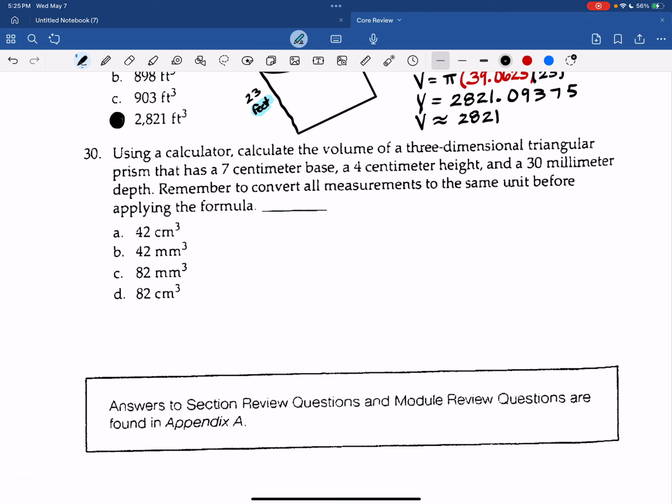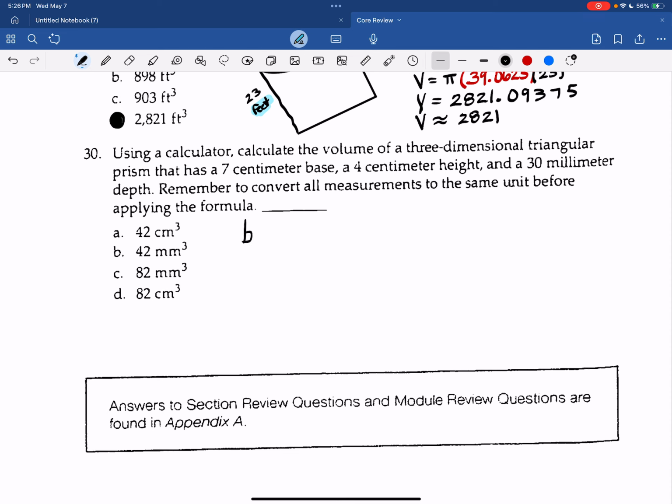Using a calculator, calculate the volume of a three-dimensional triangular prism that has a 7 centimeter base, a 4 centimeter height, and a 30 millimeter depth. Remember to convert all measurements to the same unit before applying the formula. So the base, and let me look at the formula.